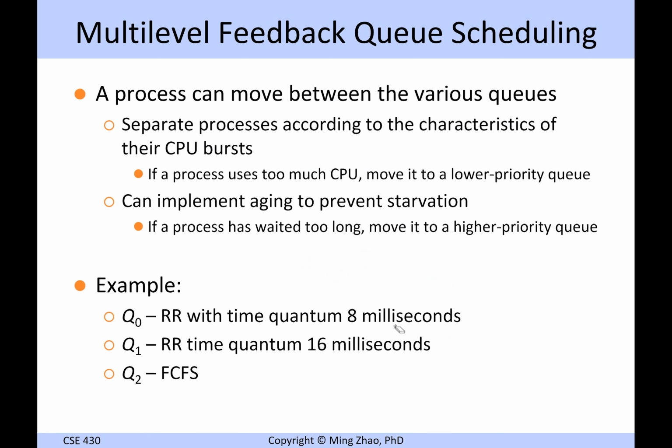When we make the quantum smaller, that gives a process higher interactivity, since the process wastes less time waiting to be scheduled again. In Q1, we give the processes a longer time quantum, so it is for processes that require less interactivity. That's the basic idea.